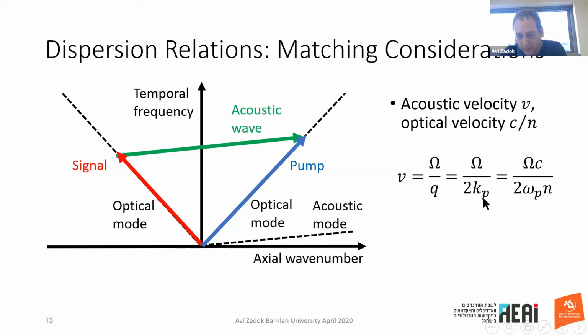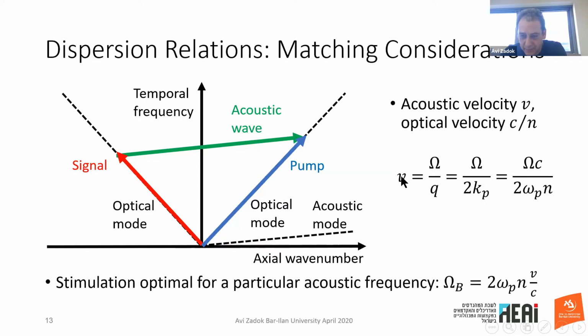But we know more than that. We know that the optical wave number kp is related to optical frequency and speed of light, c over n. So if we compare the beginning and the end statement here, what we find is that the acoustic velocity determines which frequency exactly we're going to use here.